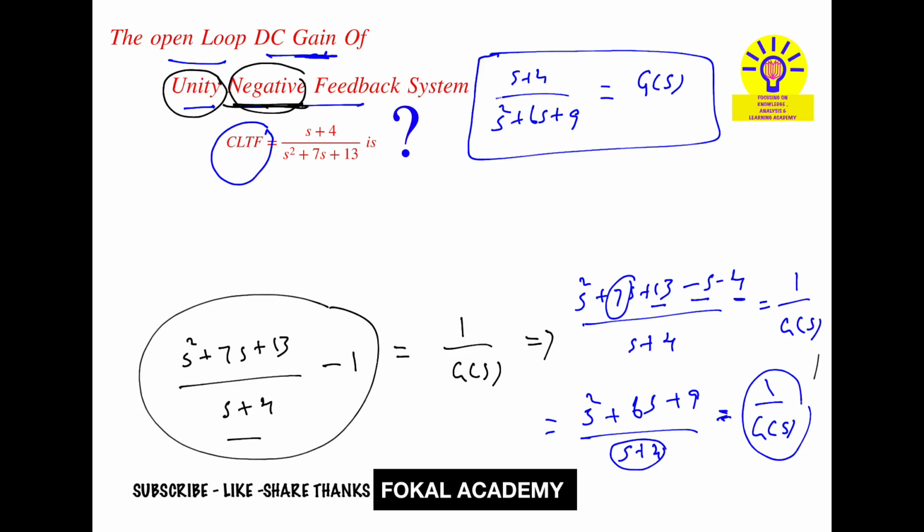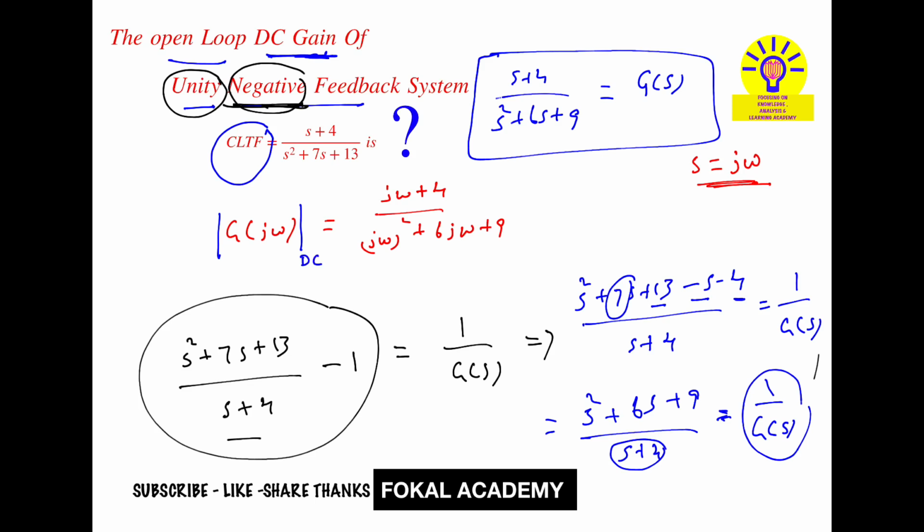DC gain will occur at omega equals 0. But here s is there, and s is nothing but j omega, because it is a frequency domain. Now substitute s as j omega. Then we get (j omega + 4) upon ((j omega) whole square + 6 j omega + 9), that's equal to G(j omega). The DC gain formula is the modulus, meaning gain is always positive.